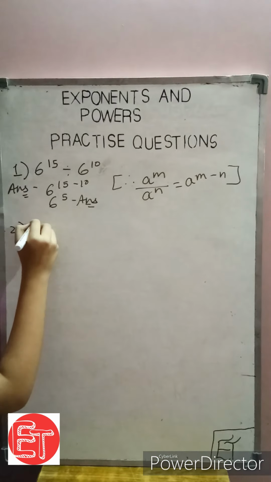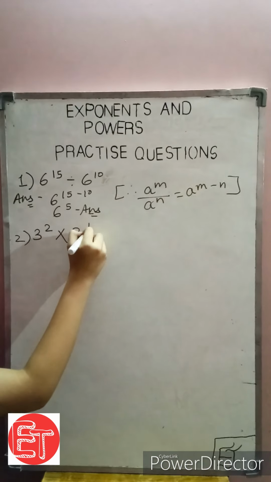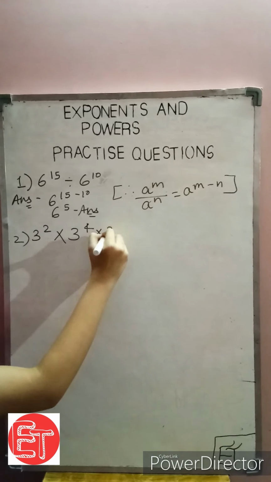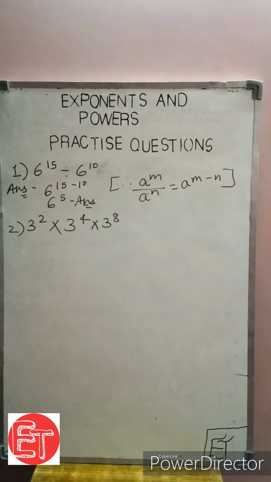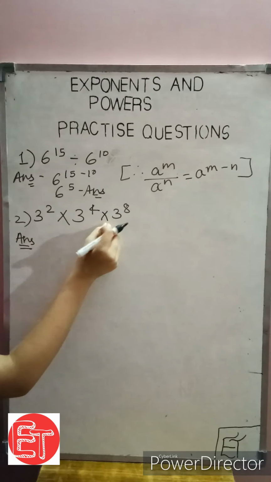Next, the second is 3 raised to the power 2 into 3 raised to the power 4 into 3 raised to the power 8. The bases are same but the powers are not equal and they are in multiply.